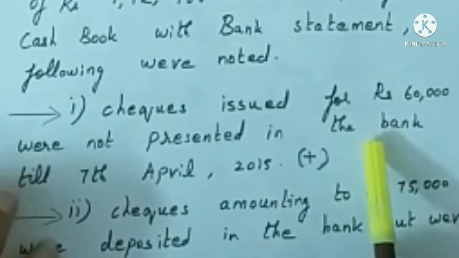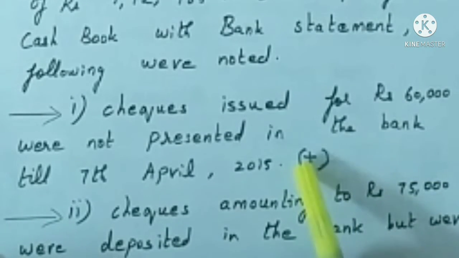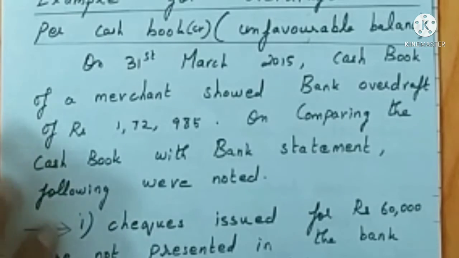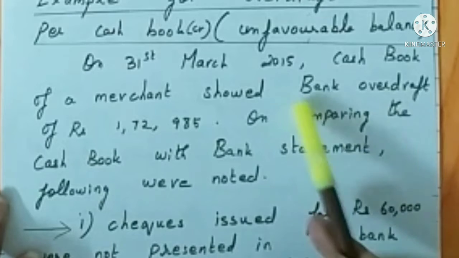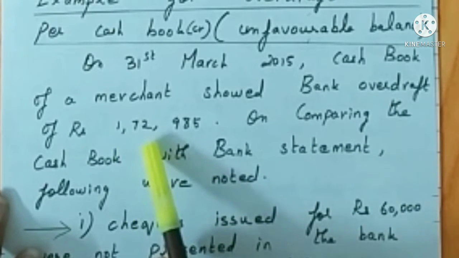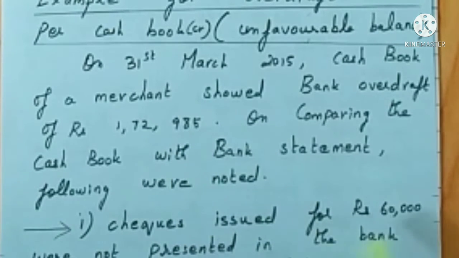So in order for the passbook and cash book balance to agree, we should also add this rupees 60,000. Before that, we have to write bank overdraft as per cash book rupees 1,72,985. With that, we have to add rupees 60,000. Checks issued but not presented for payment.